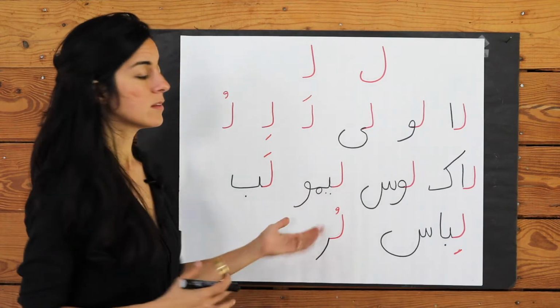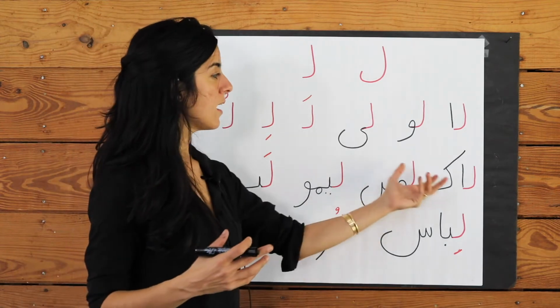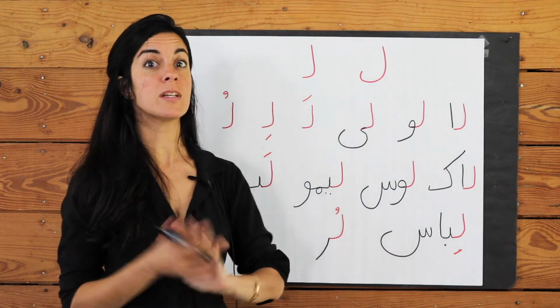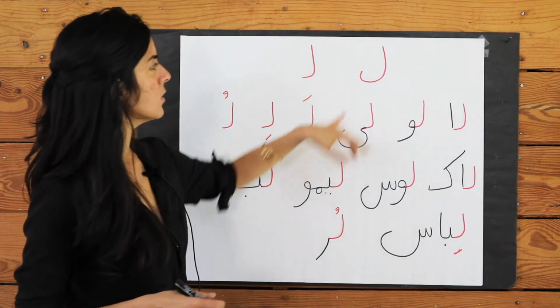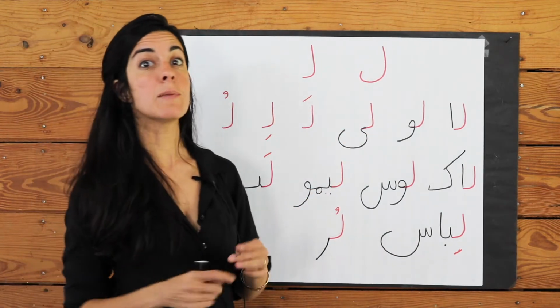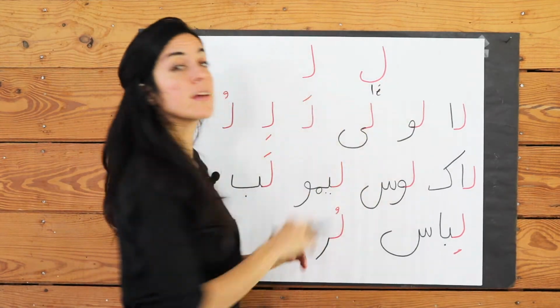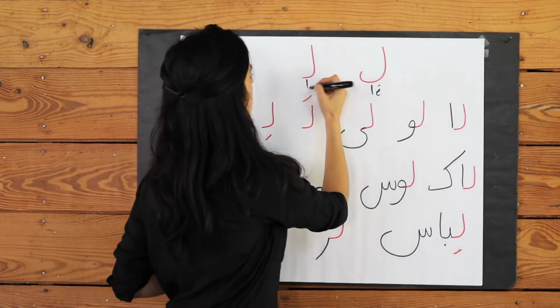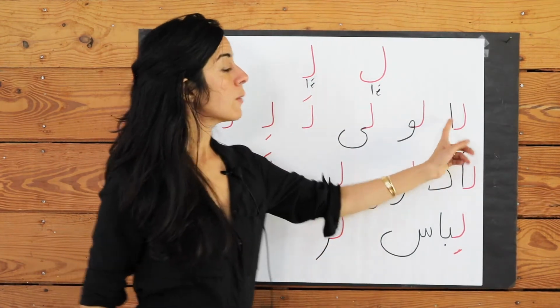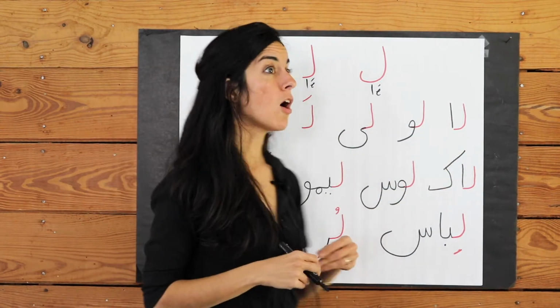And so that's all of our letter le with our different vowel sounds. So let's go over this together. Again, this is le bozorg, le kuchik. Le with an a sound is la.